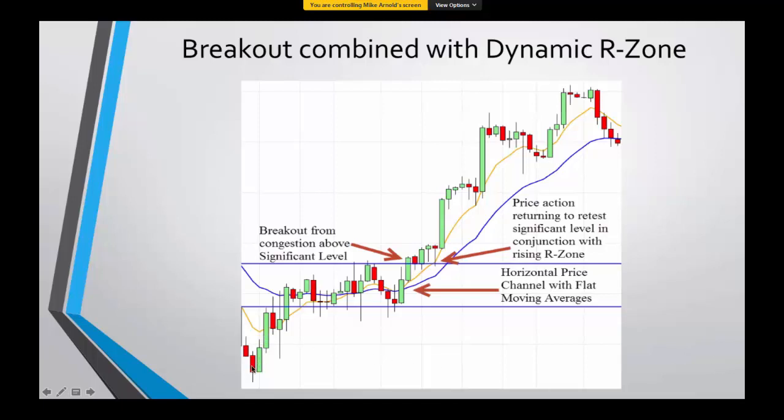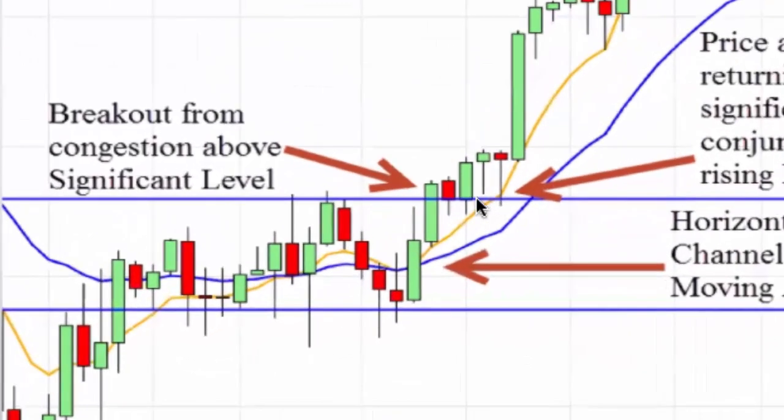So here you see some price action. It moves up and it forms a sideways channel. These are significant levels. We haven't talked about those yet, but don't worry about it. They're essentially stronger support and or resistance. We get a breakout above, and as you know from the videos, resistance becomes support, especially if it's a significant level.